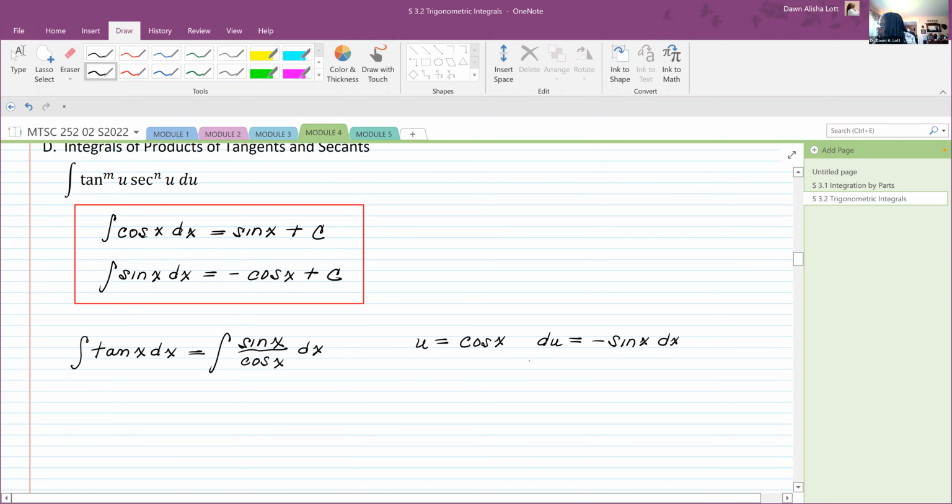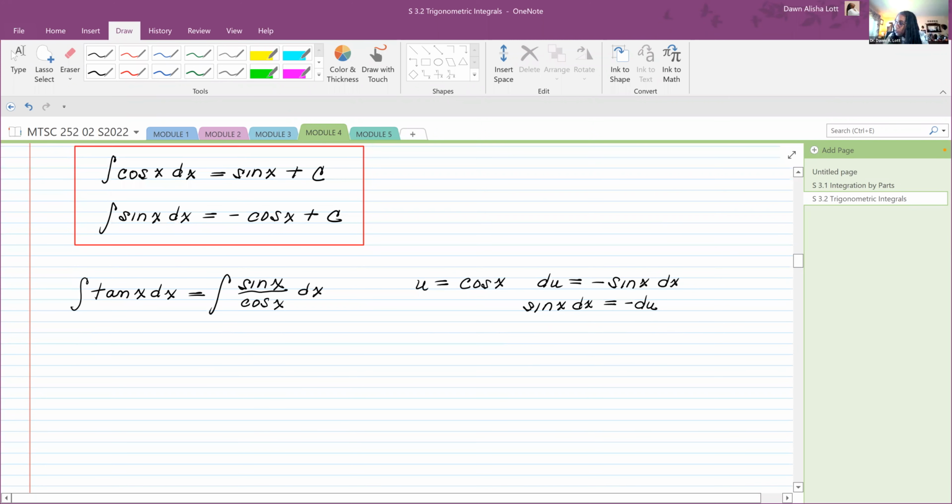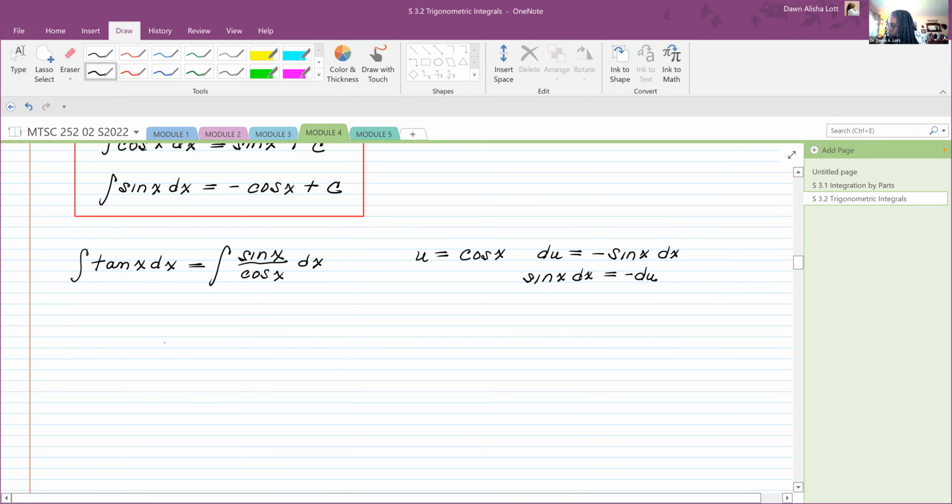So the sine of x dx was negative du. Cosine is u. So we got the log of the absolute value of u plus a constant, and it's negative. So we got negative the log of absolute value of the cosine of x plus c.